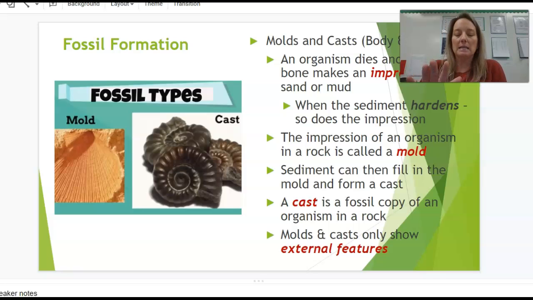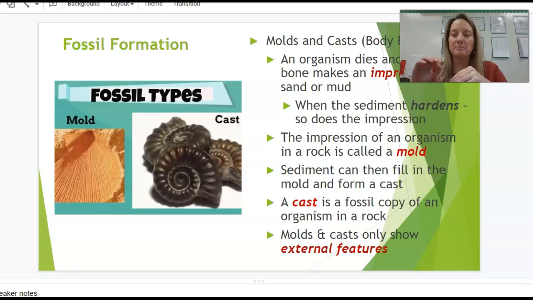Okay, and then you pick the shell up, or you leave the shell there, and eventually that shell breaks down, but that mold, the impression it left in that mud stays, just like a footprint in mud will stay. The foot's long gone, but the footprint will stay. That's an impression. Okay, that's a mold.